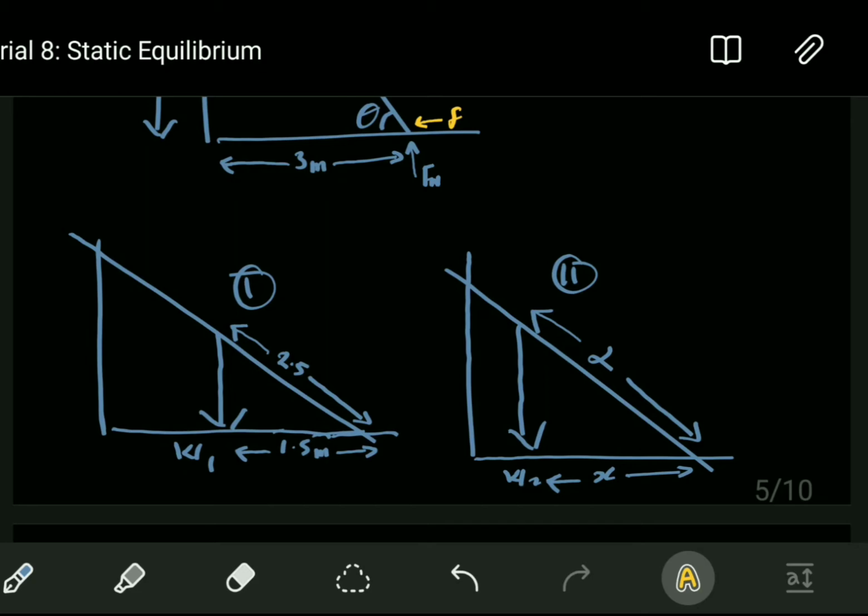We know that the ladder is 5 meters, therefore the half length will be 2.5 meters, and that is where the weight of the ladder, 200 newtons, is acting from. The weight is acting downwards and it is perpendicular to half the x distance. The x distance we are given is 3, so it is perpendicular to this particular length.